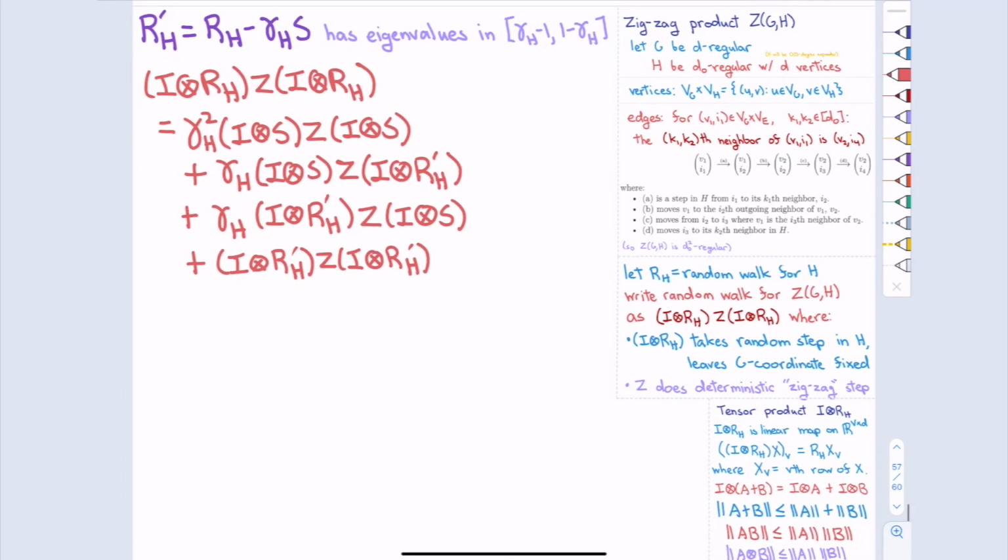Okay, so this is where I wish I had some notes. Let's look at this term.